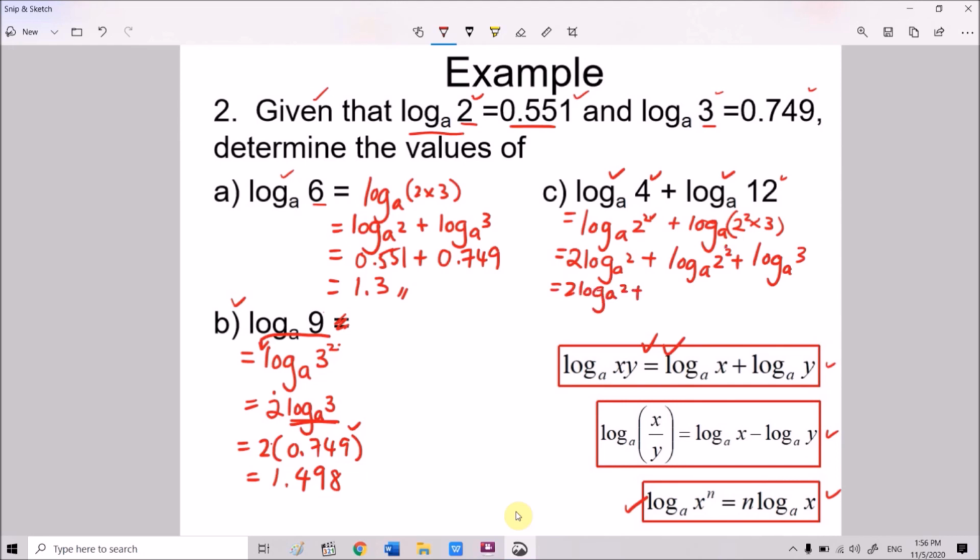And the 2 here, I move to the front here again, I get this. Plus log base a of 3. So now I can substitute all this log here with this value 0.551 and 0.749, and I can find the final answer.